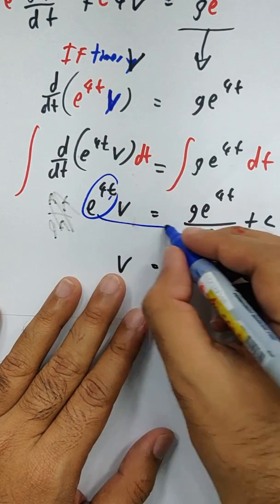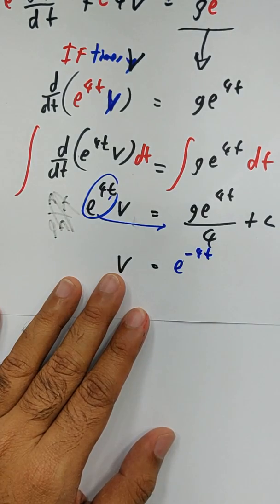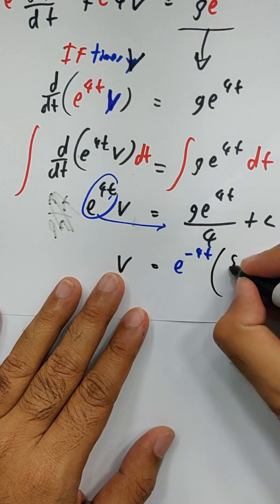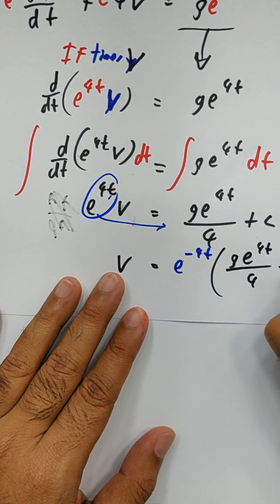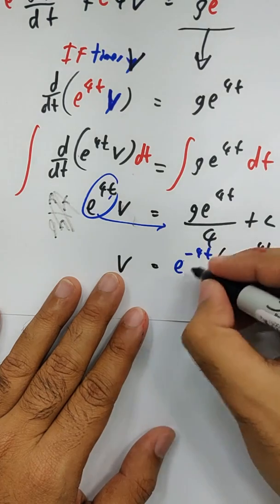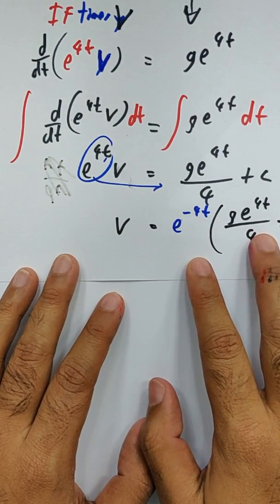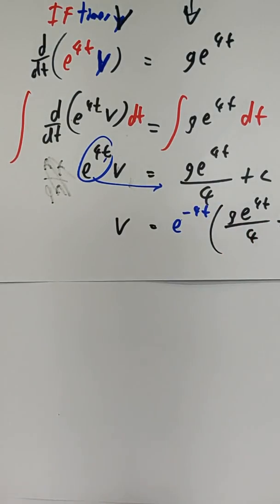This one bring to that side, right? Let's go with the e^(-4t) first. You can do 1 over instead if you don't like the negative. Okay? 1 over e^(4t). Okay, we got this far as we could.